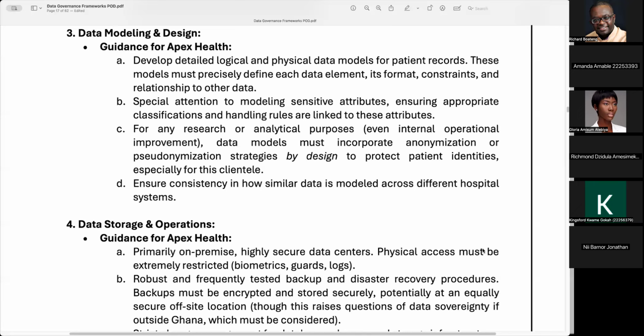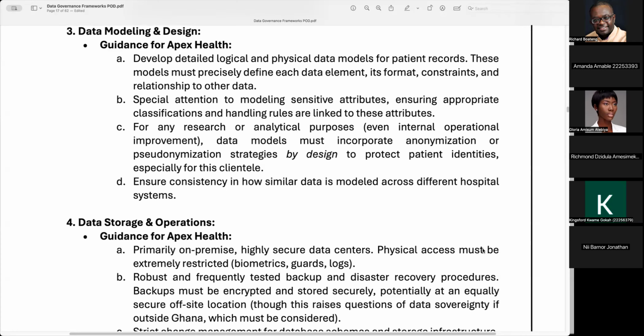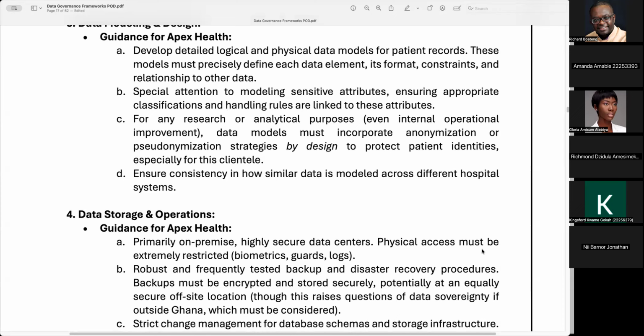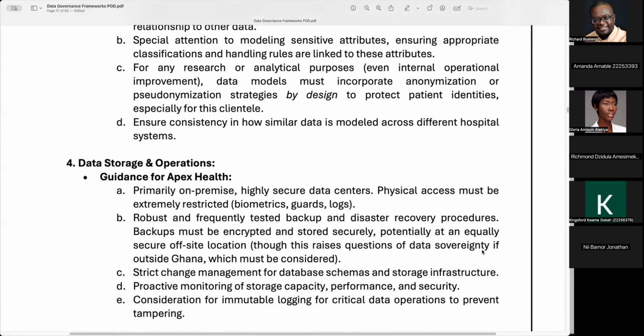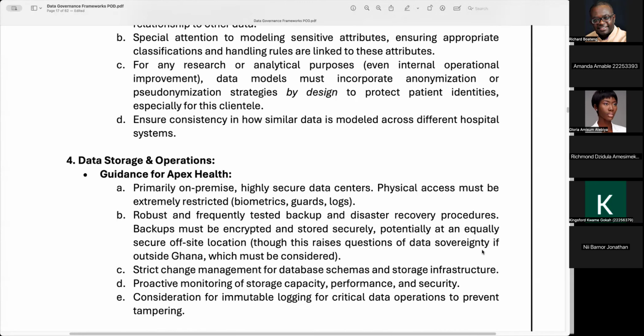For any potential secondary use of data, like research or operational analytics, which would be extremely restricted for VVIPs, rigorous anonymization or pseudonymization strategies are absolutely essential, given the incredibly high risk of re-identification. This might require sophisticated techniques beyond standard masking, carefully evaluated for residual risk. Ensuring consistency of data definitions and formats across different systems is also a key modeling concern addressed by DMBOK.